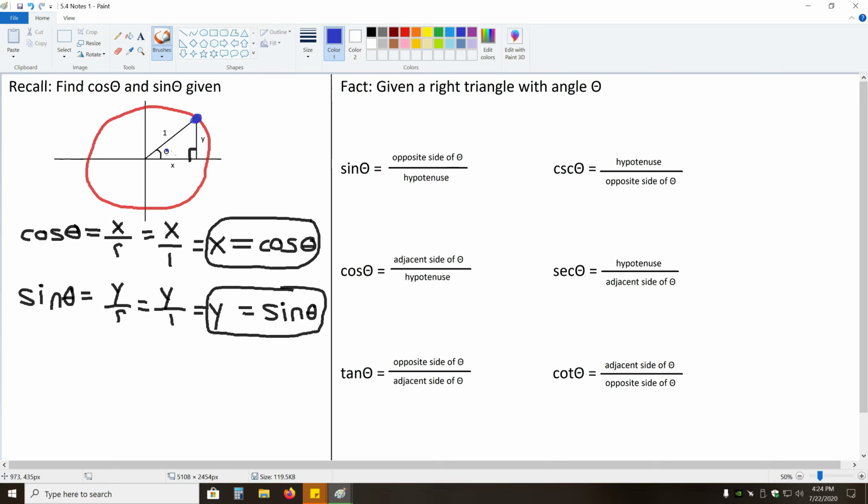We have an angle theta, we have a unit circle, meaning a circle of radius 1, and we can find where the terminal side of that angle intersects the circle by just finding cosine of the angle for the x value of the point on the circle, and finding sine of theta for the y value of the point on that circle.